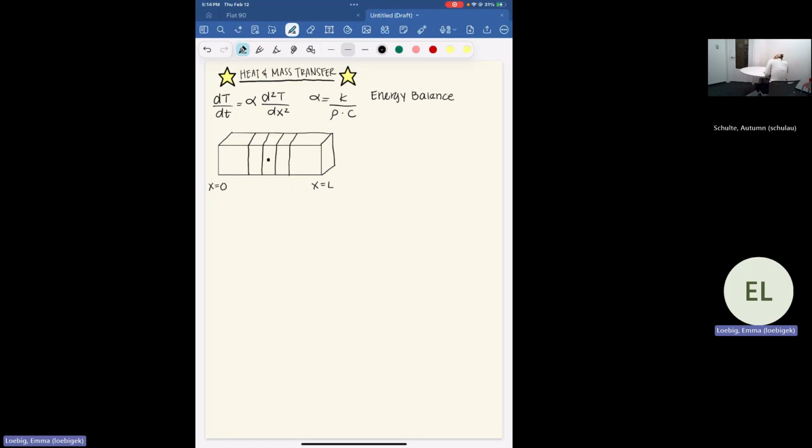To do so, we're going to have to write our temperature as a function of both position and time. Just as you can see here, it is both a function of position and time.